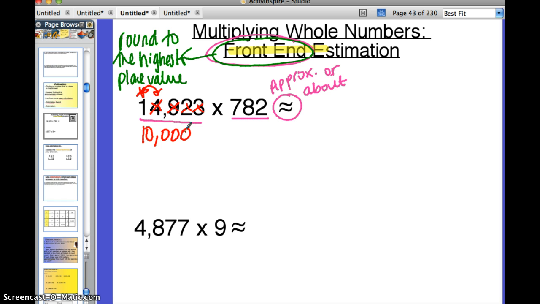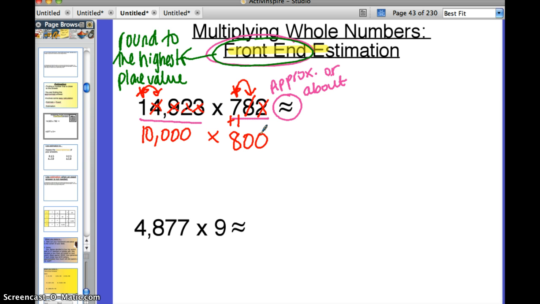We'll do the same thing for 782. We'll round to that highest place value. This package is almost full in the tens place, so we would fill it up and repackage over to the hundreds place. Okay. This place value is irrelevant, so we would clear it out too. We would end up with 800.